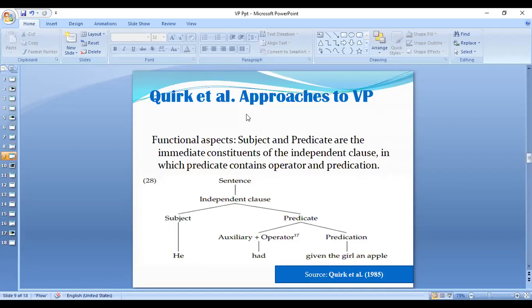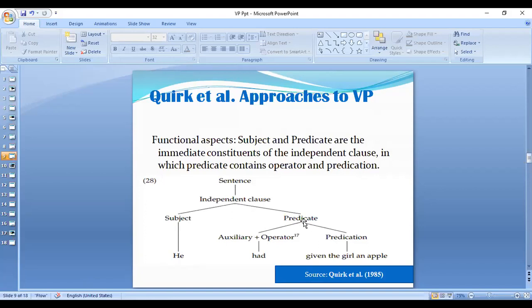According to this Quirk et al. approach, a sentence or independent clause can be divided into two classes. The subject, which is a noun phrase in its elemental usage, but in the functional position, this is the subject, he.